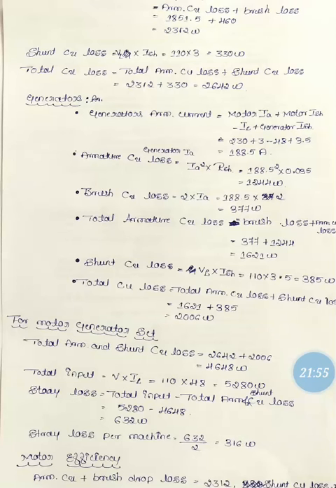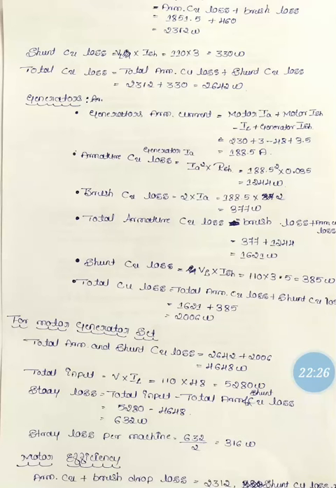So we get the value of the total copper loss as 2642 watt. Then let us consider the generator. Generator armature current is calculated as the sum of the motor armature current and motor shunt field winding current, minus the line current plus generator shunt field winding current.